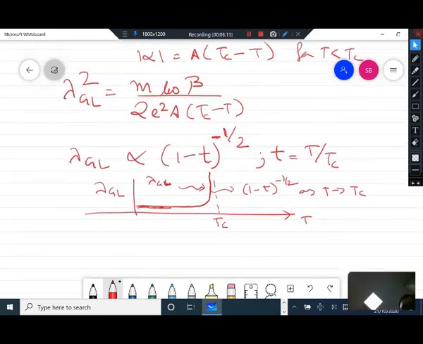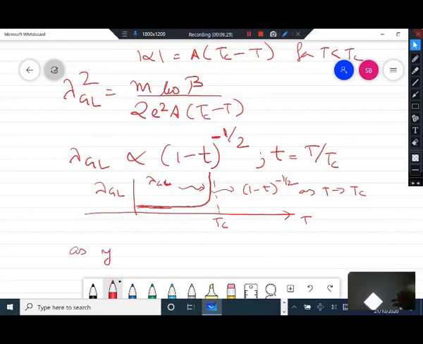The basic meaning is that once you are approaching the superconducting transition temperature, the magnetic field is going to penetrate all across the superconductor, and because the superconductor is taken to be infinite without any surfaces, lambda will become infinite.